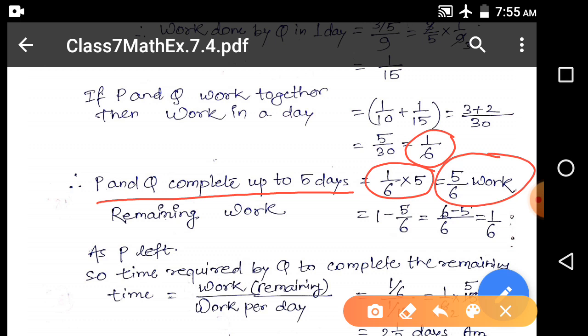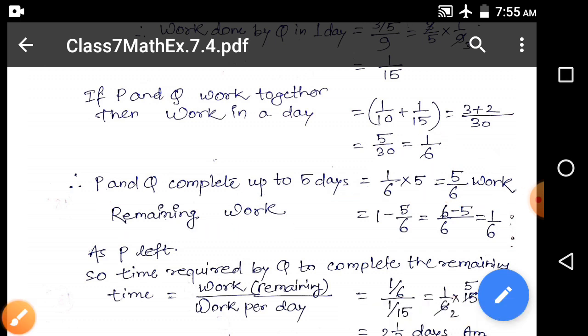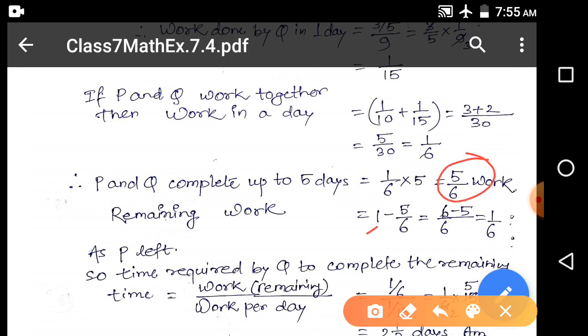So this part is completed, and some part remains. Total work is 1 and the work completed is 5 by 6, so the remaining work is 1 by 6. Now remember the value of remaining work, 1 by 6.